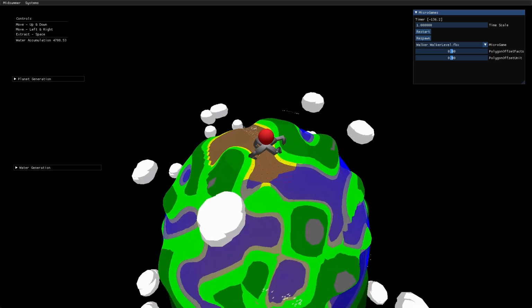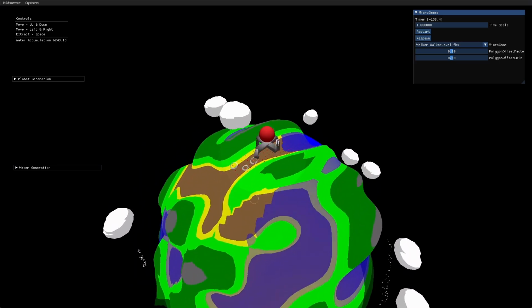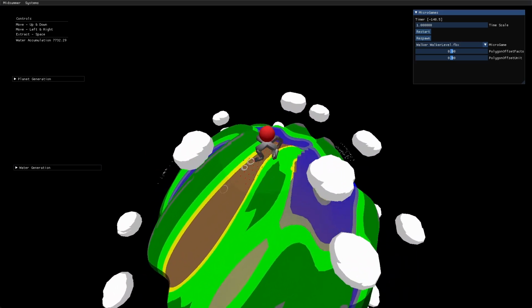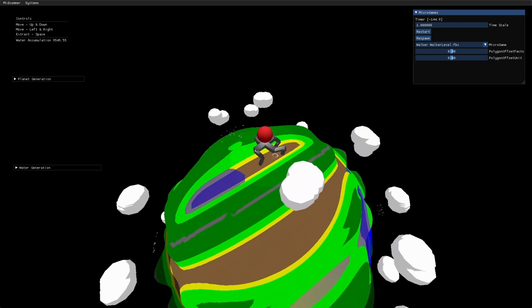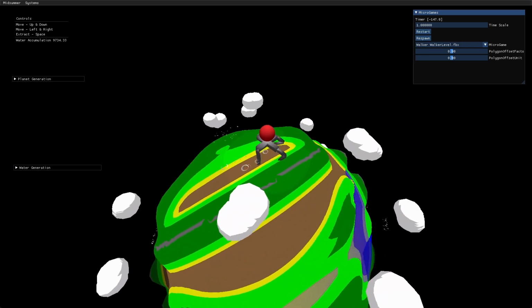So what I decided to do instead was to fall back onto my previous solution, which is the ball tree. The ball tree is just finding the nearest neighbors inside a certain radius.